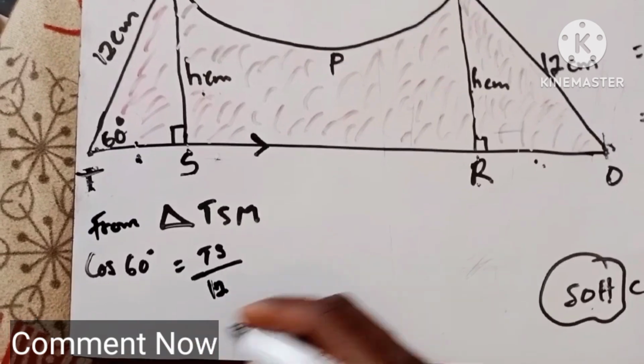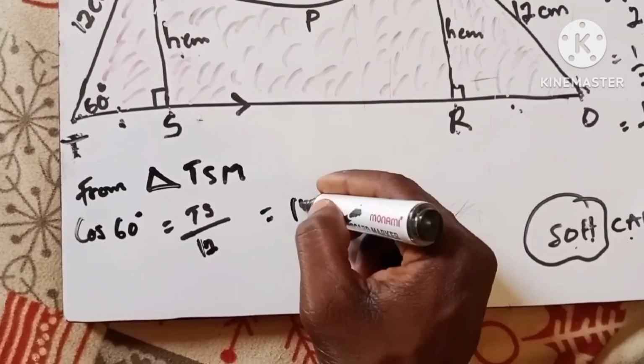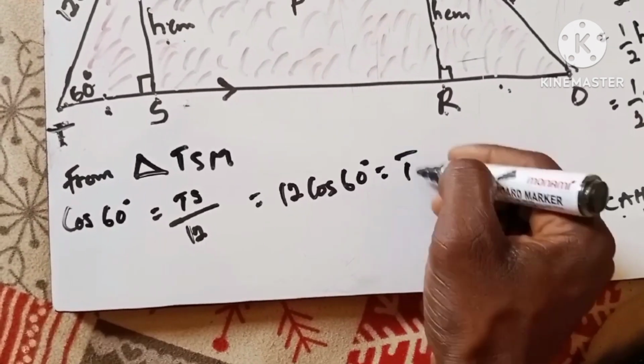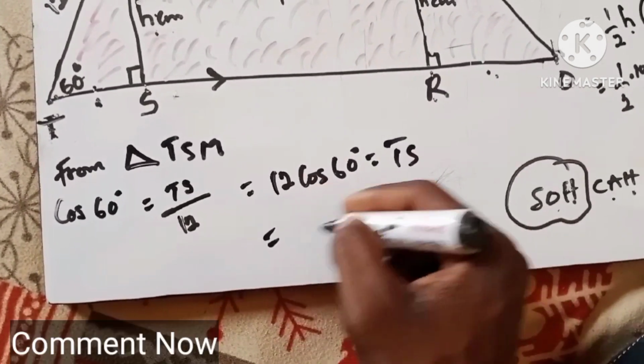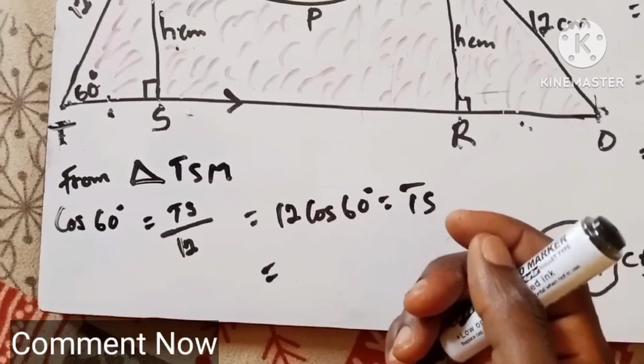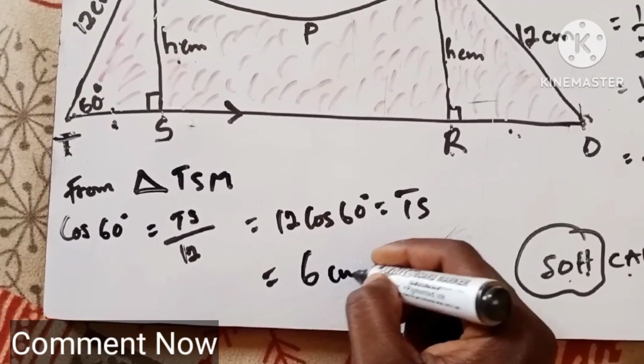This is similar to the one that we solved already. So that's 12 multiplied by cos of 60 degrees, which is TS. What do you think is the value of this TS? So here I'm having 6 centimeters.